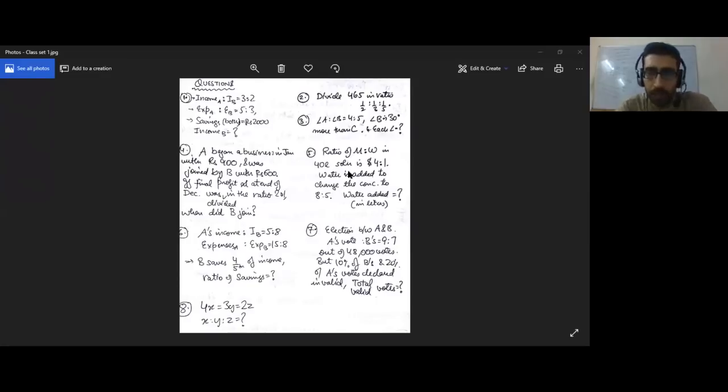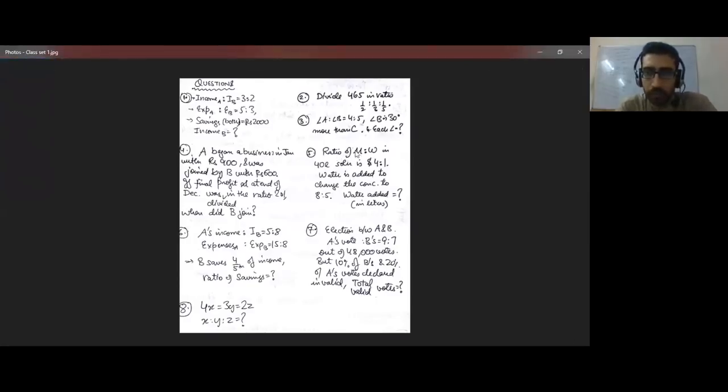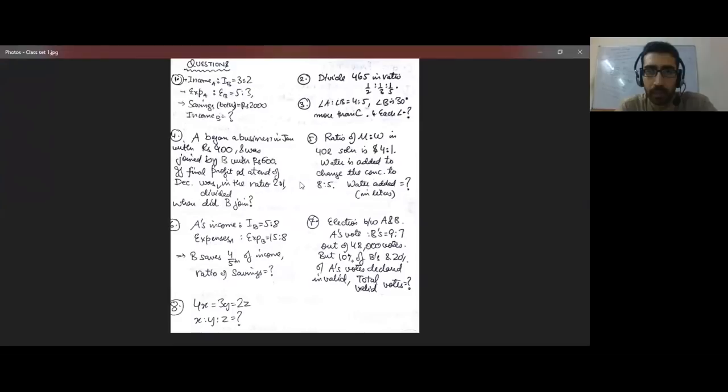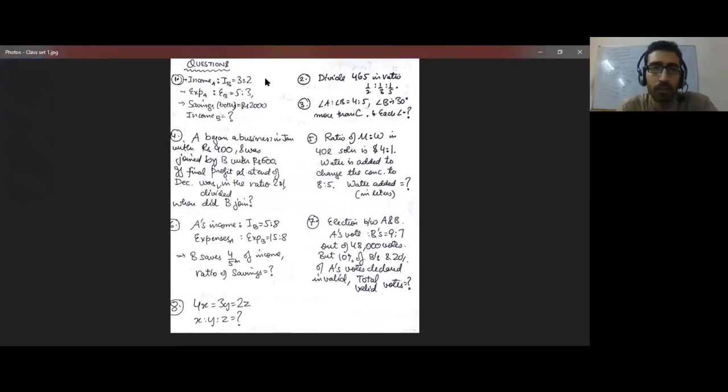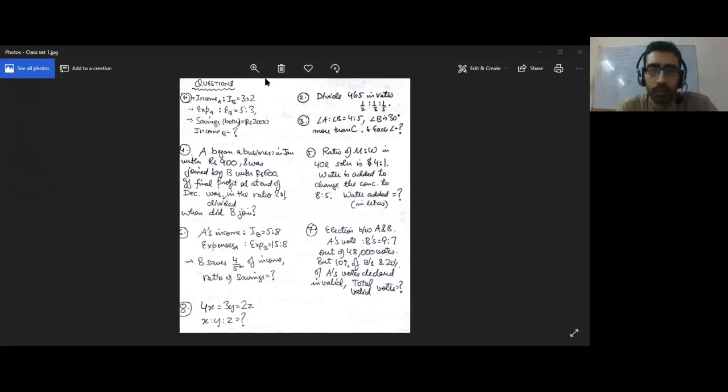I will discuss 5 as well, because 5 has something interesting that I want to sort of ensure that you don't miss. So let's start question number one. The ratios of income are given, the ratio of expenditure are given, and the savings for both A and B equal rupees 2,000. What is the income of B? Let's go to the whiteboard.